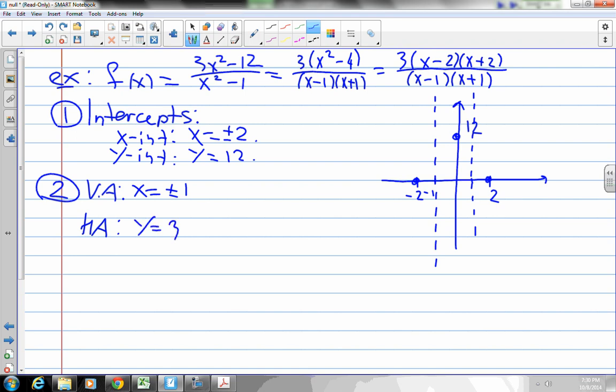I have enough to sketch the graph of this function. I can really do any part of it. Just think about this. Since I'm standing on the right side, I have to hit 2, and I have to stay within the asymptote. So there's only one way that can be done, right?